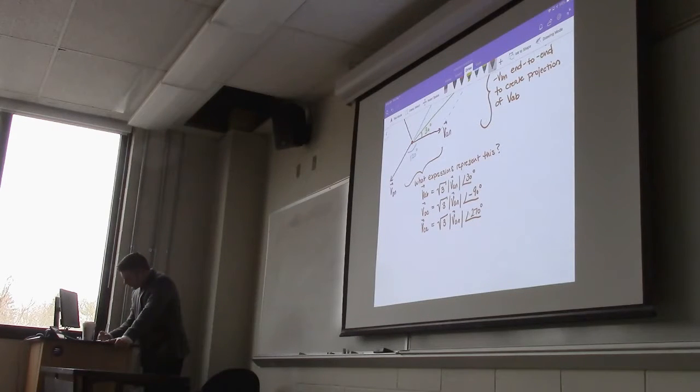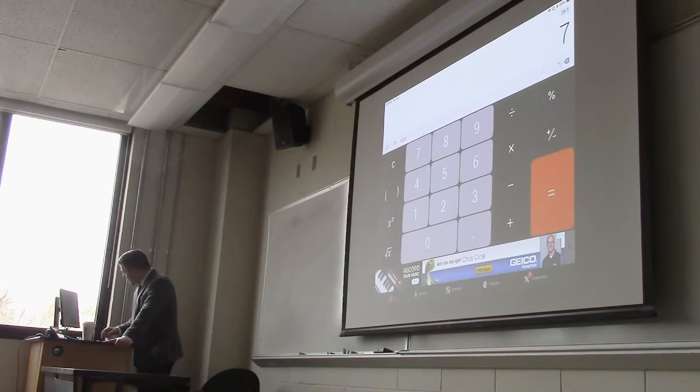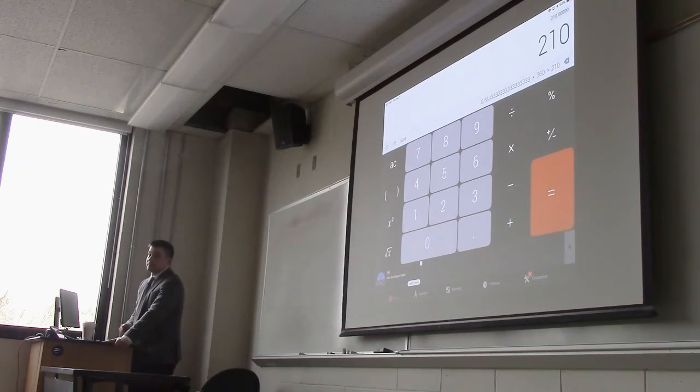Positive 270, or negative, that would be the same. 7 pi over 6 divided by 6.28 gives 210, not 207.